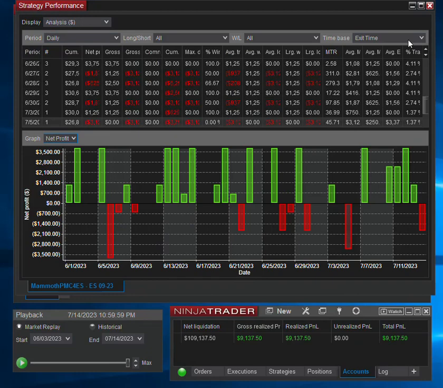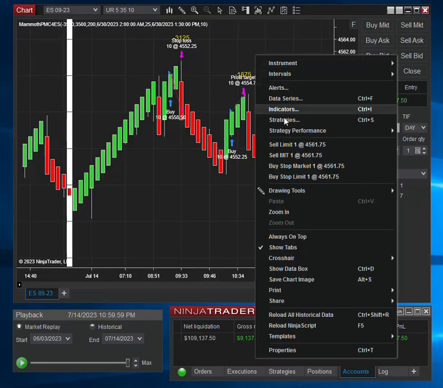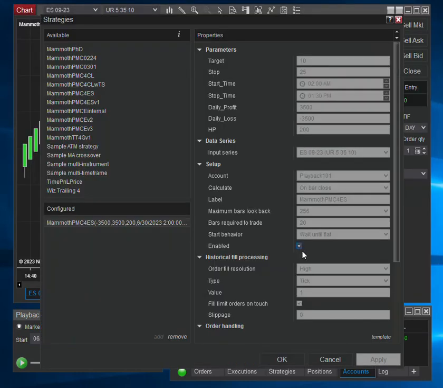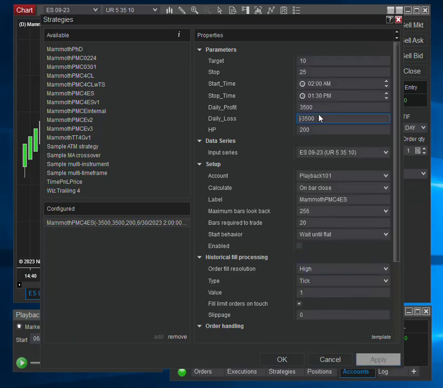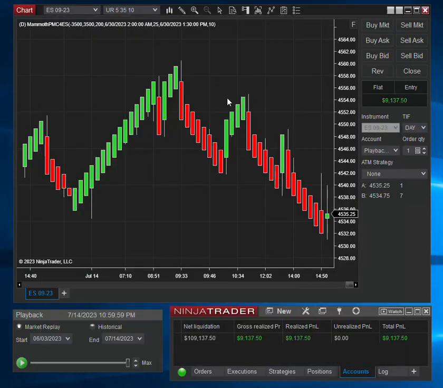Let's see what happens if you limit your loss at 2,100. That means once you reach 2,100, the strategy will not trade anymore. You will not look for another trade. So it depends on whether your first trade is a loss or a winner.